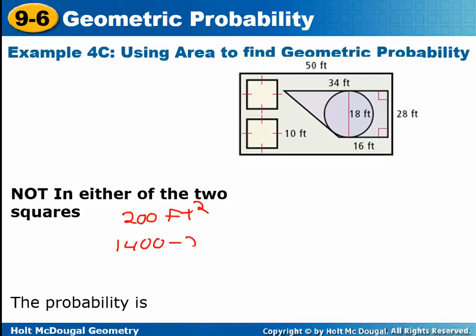So if I subtract, the probability that it will land somewhere besides in those two squares would be 1,200 over 1,400, which simplifies to 6/7, or you can change that to a decimal. So the likelihood that it would land somewhere else is pretty good. 6/7 is equal to about 0.857 as a decimal.